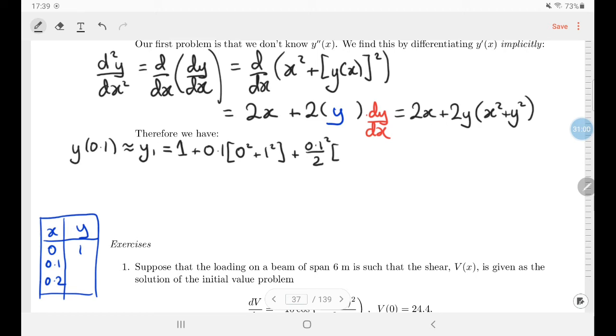Now look at the second derivative. It's 2x. What's the previous x? 0. Plus 2y. What's the previous y? 1. Times x squared plus y squared at the previous point, which is 0 squared plus 1 squared.